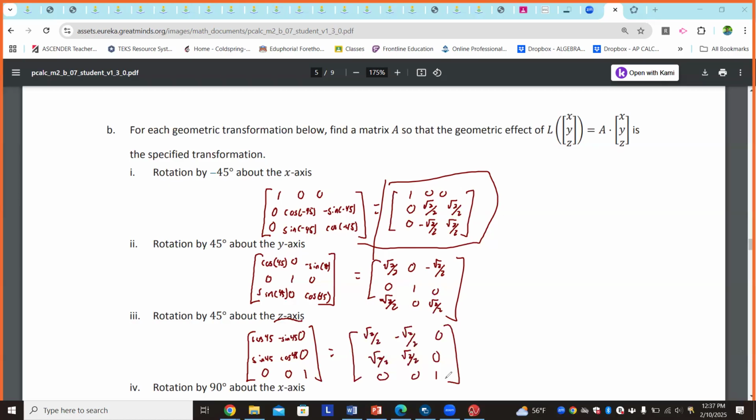Do you want to try 4 on your own now? Then with 90 degrees this time, so now your coordinate is going to change.